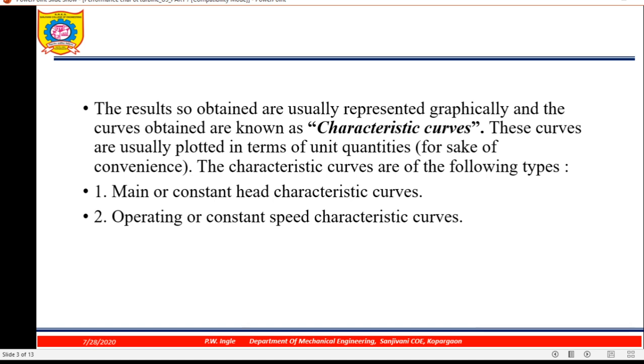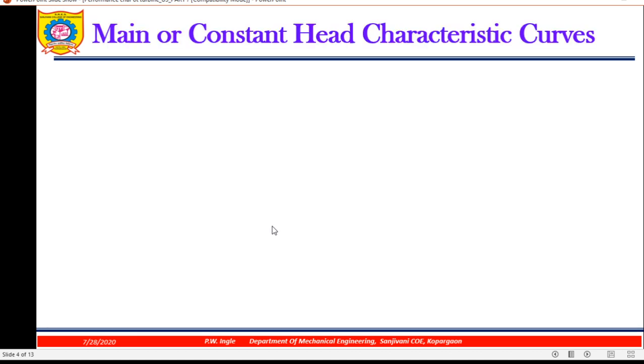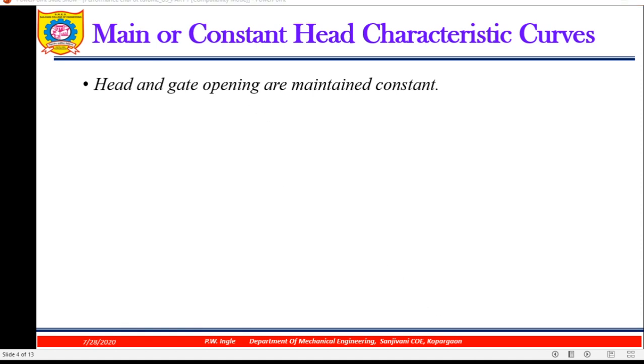And if you maintain the speed constant and take different readings, then that trial is constant speed, and the characteristic curve is known as the constant speed characteristic curve. Now let's discuss the main or constant head or variable speed characteristic curve.